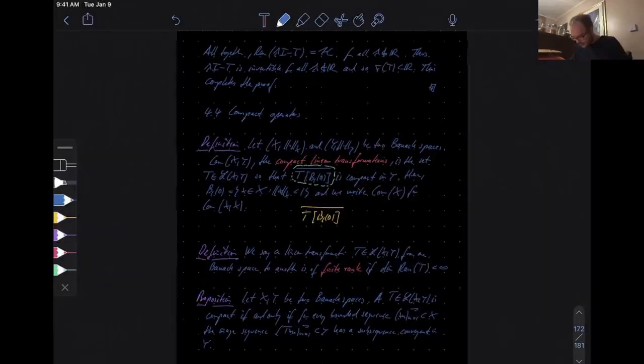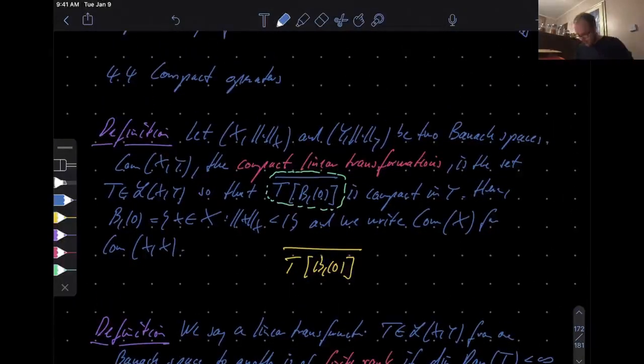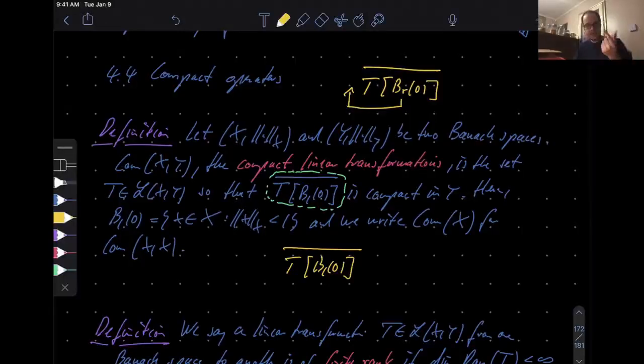Well, the linearity allows me, this is by the way a property that we used when we proved the open mapping theorem. We used the scaling invariance. So if you have T of B_R(0) and the closure, then you can move out the R here and live with the radius 1, right? So that's what I mean by the scaling invariance. So if the closure of the image of the unit ball is compact, then you would have this actually for any ball of arbitrary radius, right?